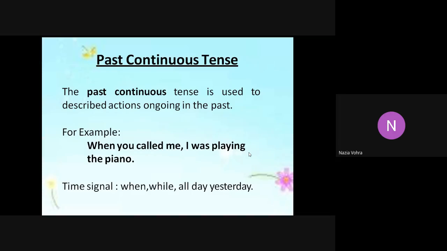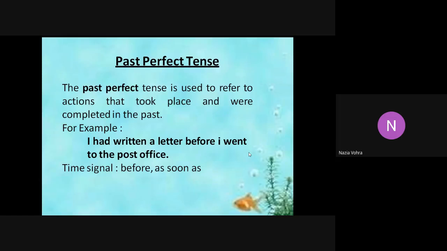Playing is the continuous form, but I am adding a time signal like when you called, or while, or all day, or some kind of tag which is related to a time frame. That is how I am adding a time frame.